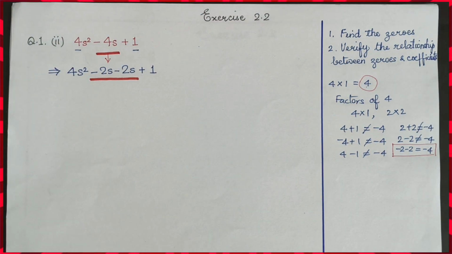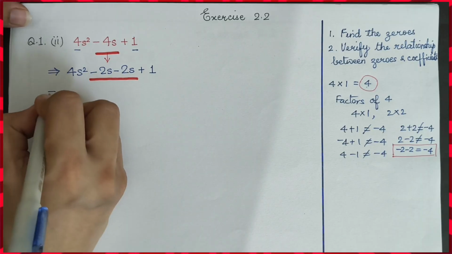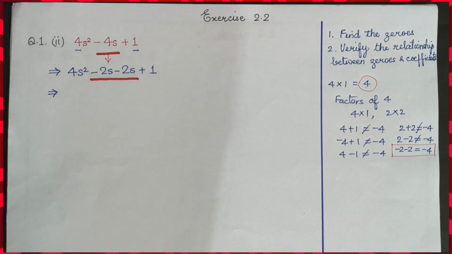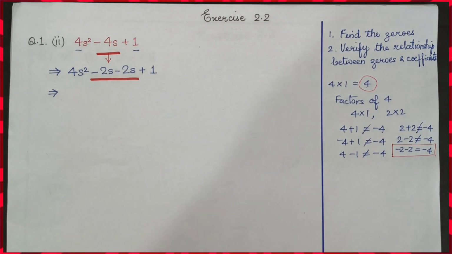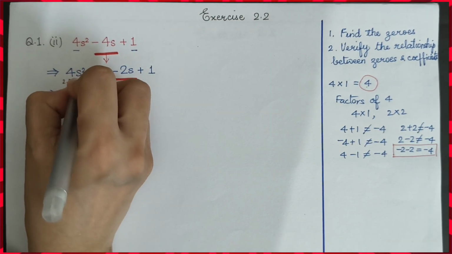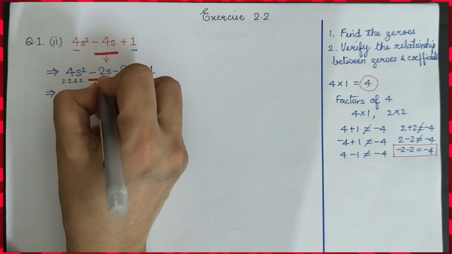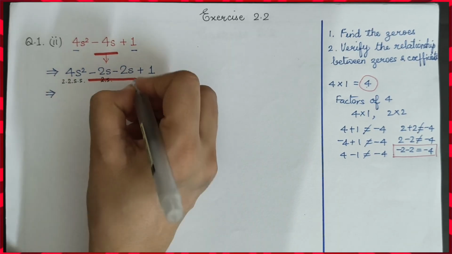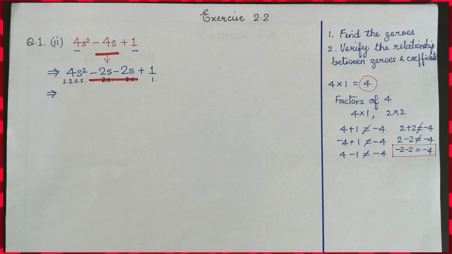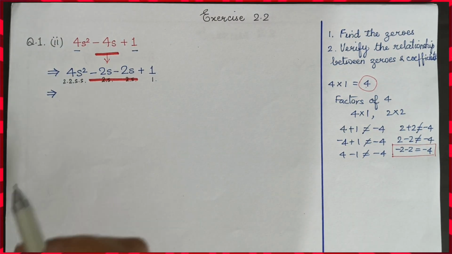Now we have to find the common terms in the first and the second term. 4s square can be written as 2 into 2 into s into s, and 2s can be written as 2 into s, and 1 can be written as 1 into 1. So we see that 2 and s are common between the first two terms.